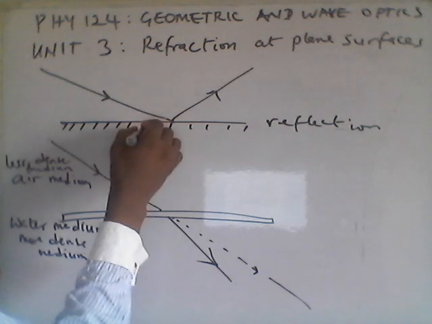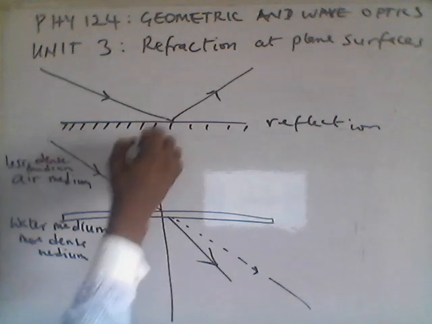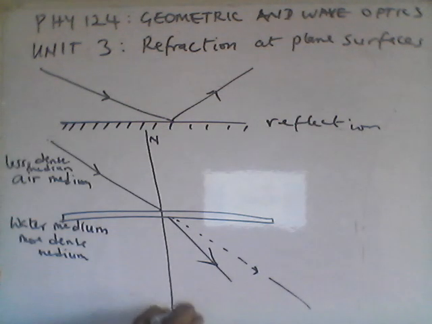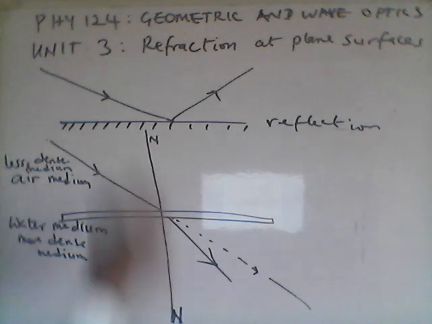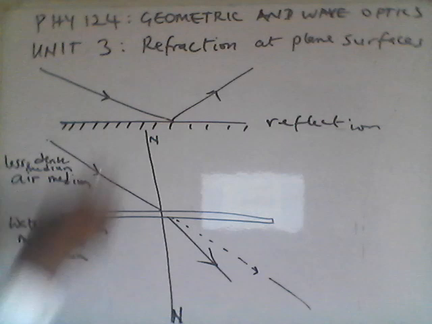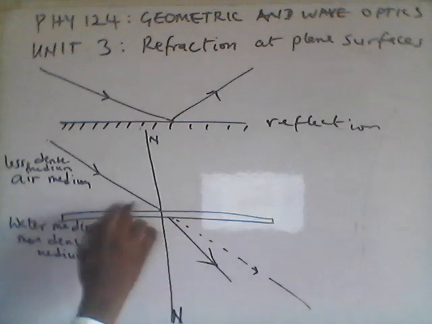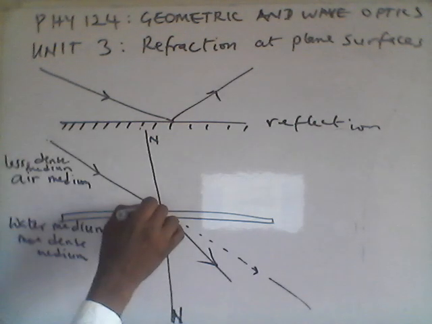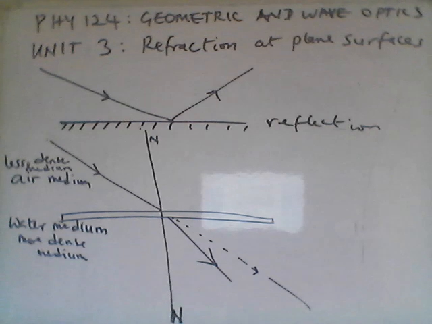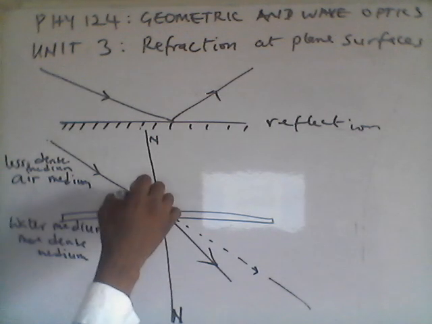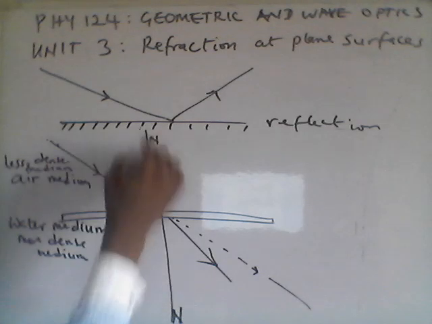There exists a point called the normal. The point is arbitrary. It's not real to us. We just put it there for the purpose of analysis. The normal is perpendicular to the point where the incident ray bends when it encounters this medium. So there's an angle formed between this incident ray and the normal.